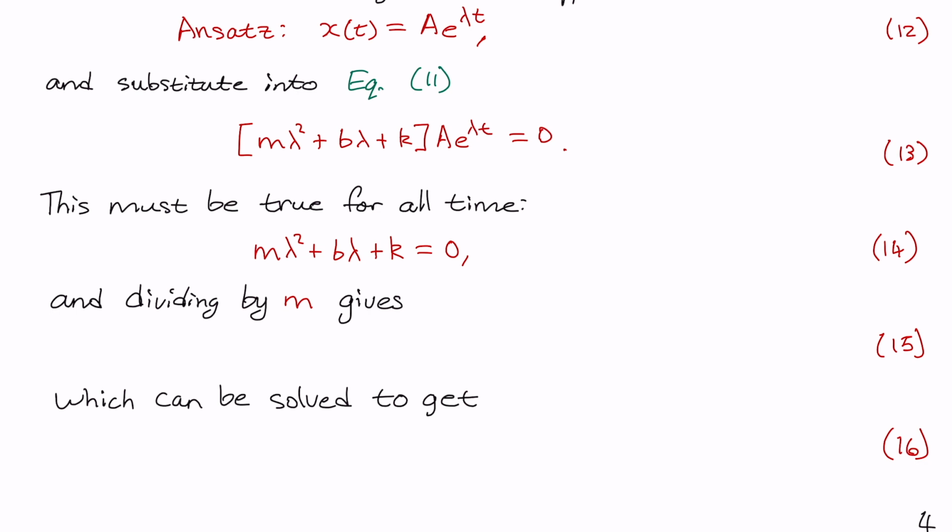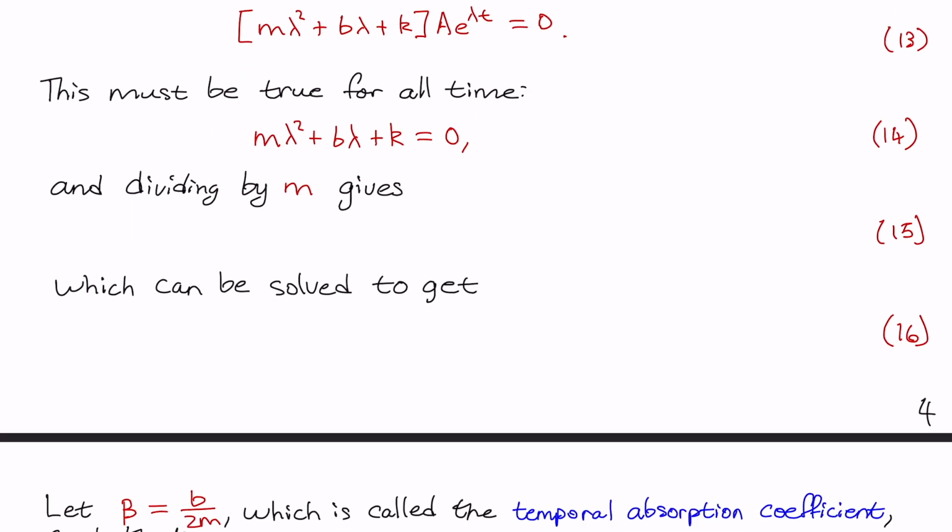We then go ahead and divide by m, which gives us lambda squared plus b over m times lambda plus k over m, which we know is omega 0 squared, or the natural frequency, and that is then equal to 0. This is just a quadratic equation.